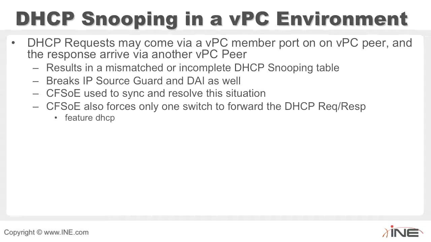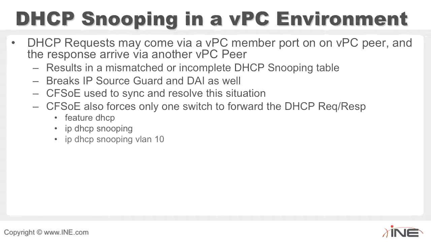After we turn on feature dhcp, and globally turn on ip dhcp snooping, then we begin to apply the DHCP snooping commands to each VLAN that we wish to monitor for DHCP snooping. There's really nothing more that we need to do behind the scenes to make sure that the VPC peer has that information.